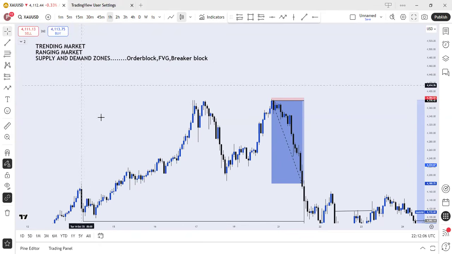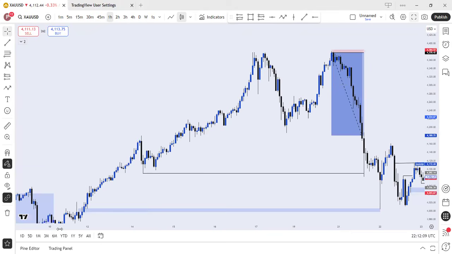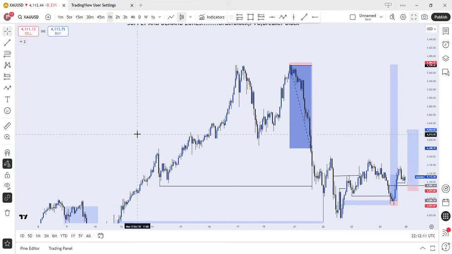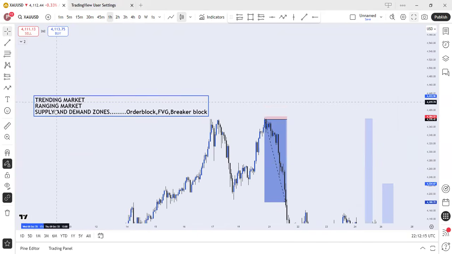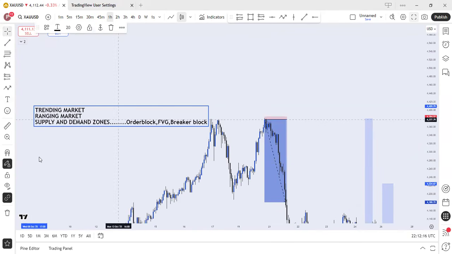What do I mean by a trending market? Every pair or every asset that you trade, at some point you are going to see either one of these three things or all of them, or it can be just two of them appearing on the chart, right? Because not all assets are going to give you trending markets, especially in the higher time frames.